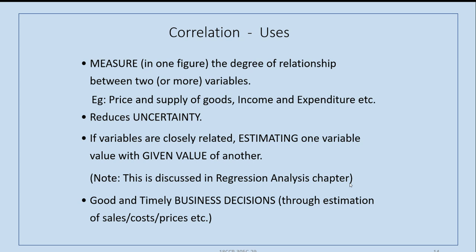So that will reduce your uncertainty. That means you can be sure that some rain will come because clouds are there. Suppose if clouds are not there, sometimes there may be rain, or if clouds are there, there may not be rain. So we have to identify which clouds give rain. That is called uncertainty.